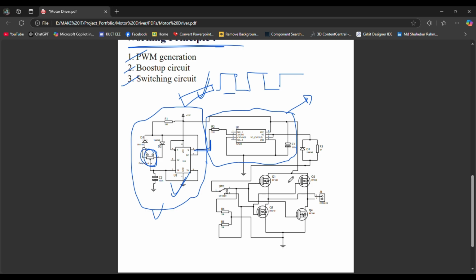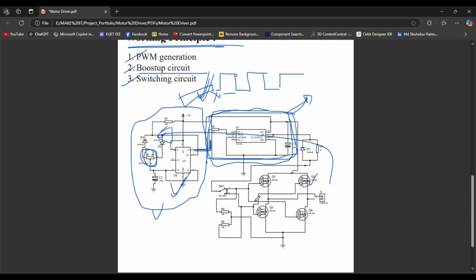If somehow high current passes through the microcontroller, from this side to that side, it could harm the microcontroller, and we don't want this. So this boost up circuit also works as a protective circuit for the microcontroller.